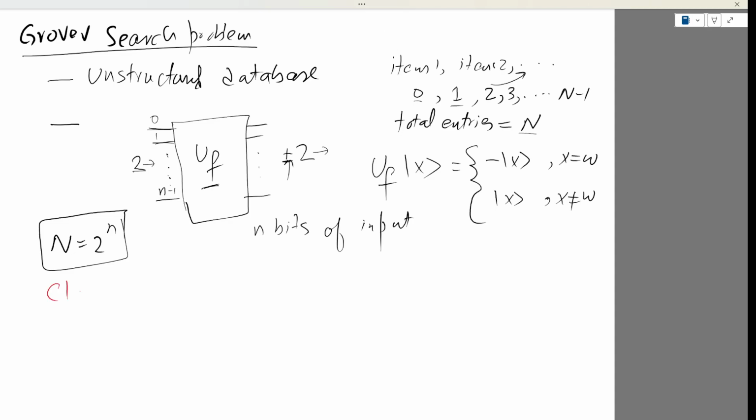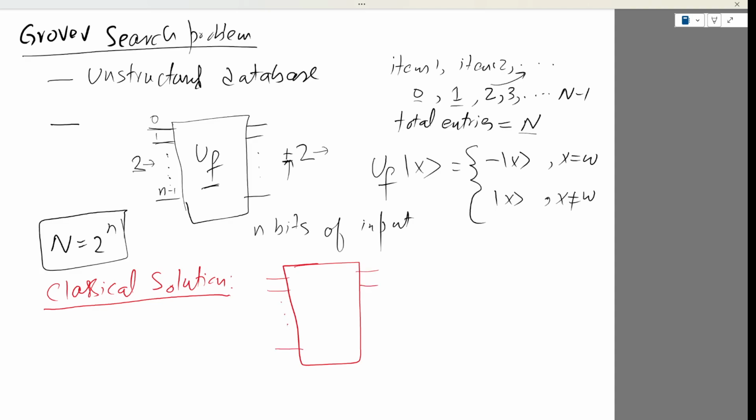Classical solution: since the database is unstructured, actually we can't really think of any efficient algorithm. You can search randomly, or maybe you can search one by one. The number of queries that are required to search this item in the worst case is the same.